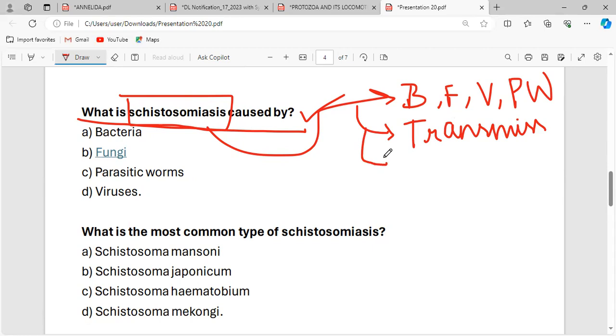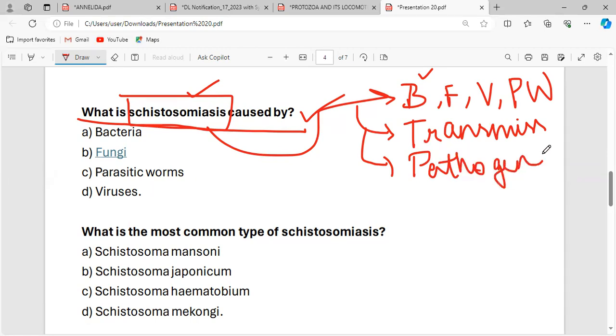In case it is a bacteria, which bacteria is going to cause this disease? In case it is a virus, which virus? In case of parasitic worms, which worm is going to cause this particular disease? This is the most important thing, the name of the pathogen.